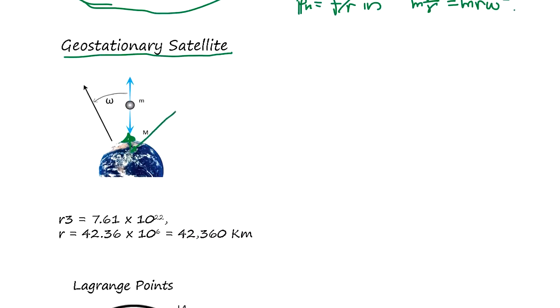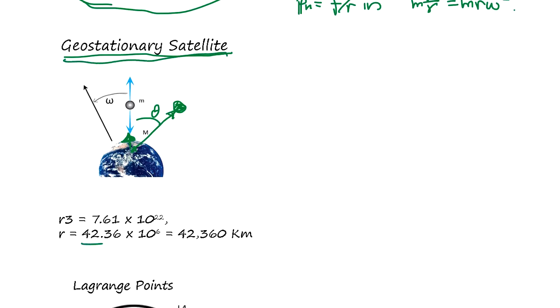You set the antenna pointing to this satellite, because this satellite has, say, Comcast, whatever, and this guy moves together with Earth, so it's always at the same angle. So you set the antenna on the roof, pointing to this satellite, and it moves together with Earth. That's a geostationary satellite.